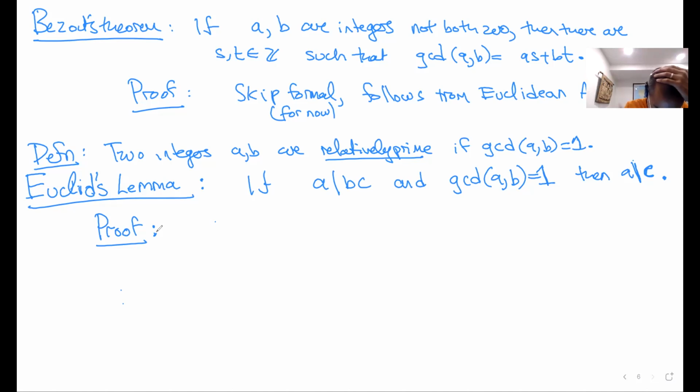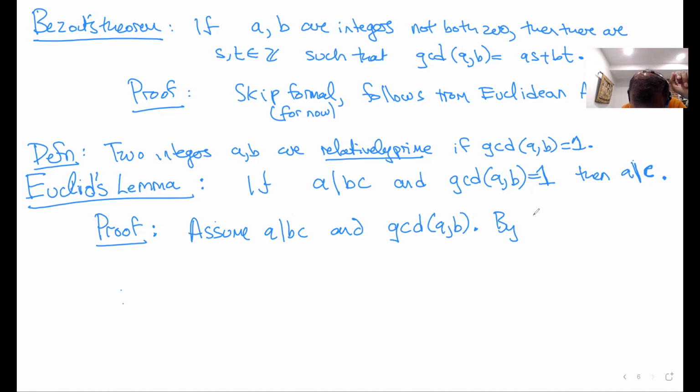Okay, so we're given this. So assume A divides BC and A and B are relatively prime. Well, let's use Bezout's theorem, right?